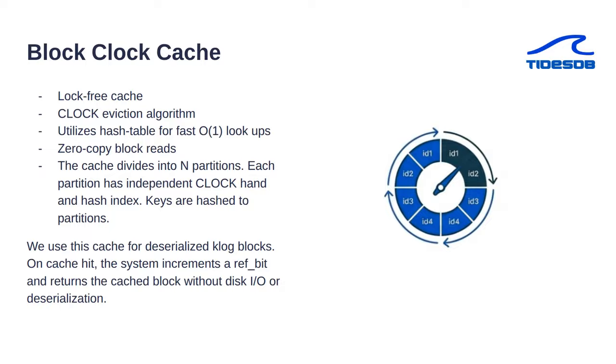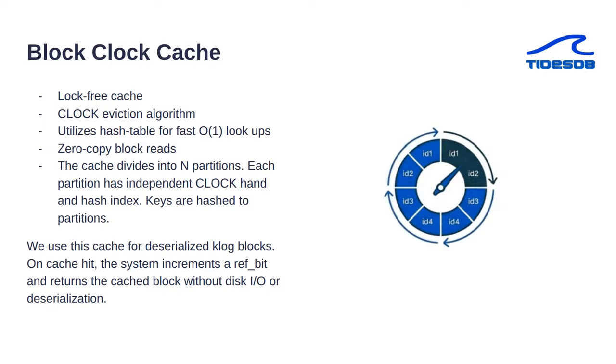TidesDB implements a clock cache. The clock cache is lock-free. It implements a clock eviction type algorithm. We utilize this clock cache for blocks inside of a K-log because it's expensive to read from disk and deserialize that K-log block. So if a block is pretty hot, we want to try to keep it in memory when we can, the 64 KB block inside of a K-log.